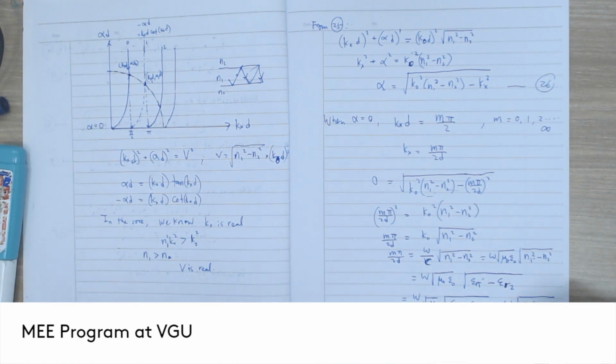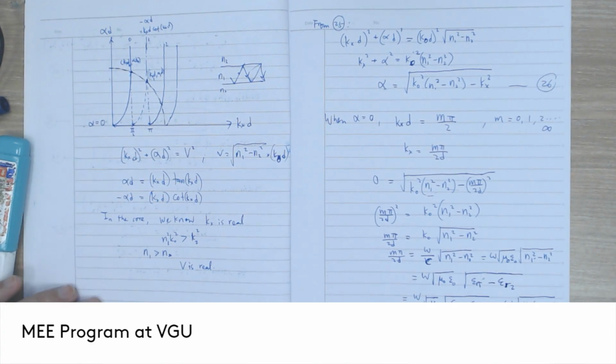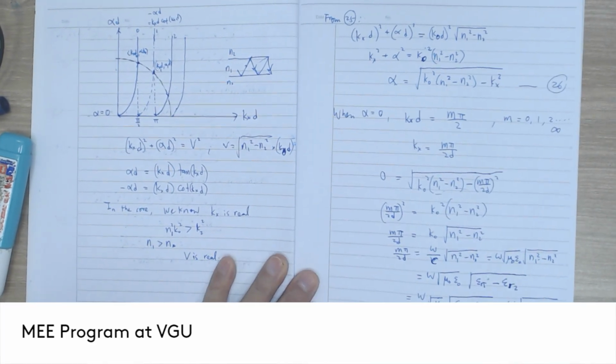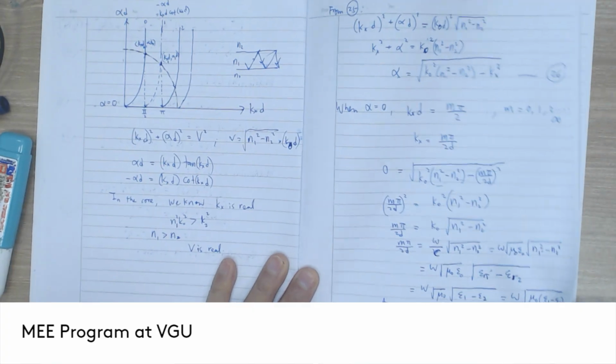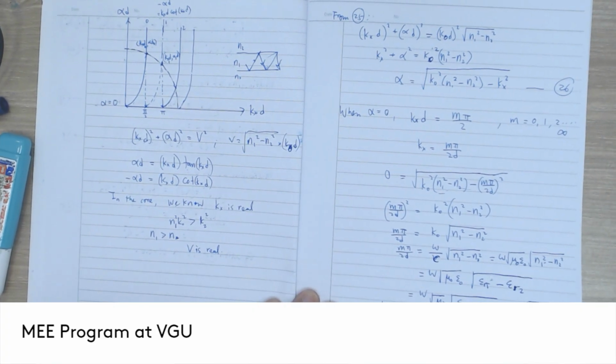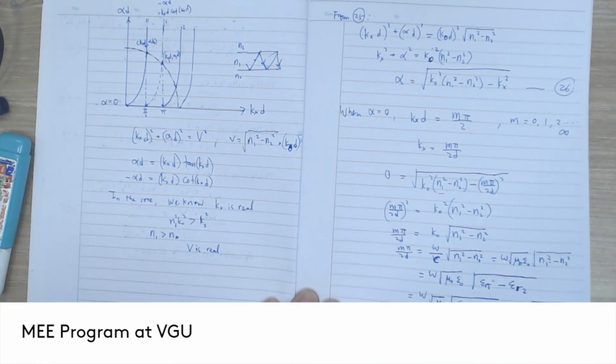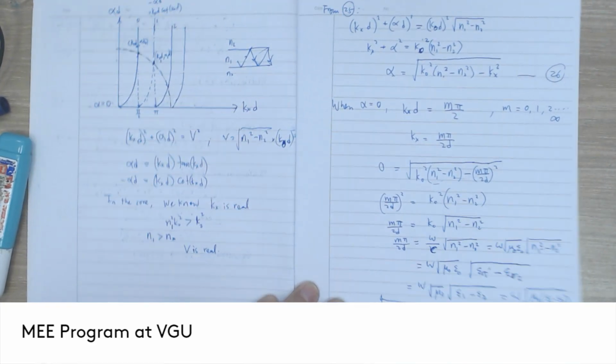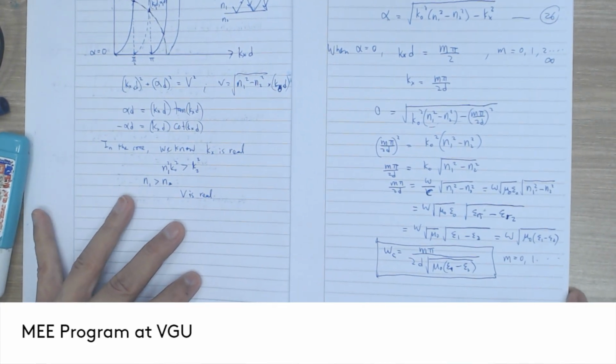And m here can be 0, 1. m is the mode number. Sorry, I cannot see. Yeah, I have to move the page a little bit up. Sorry.